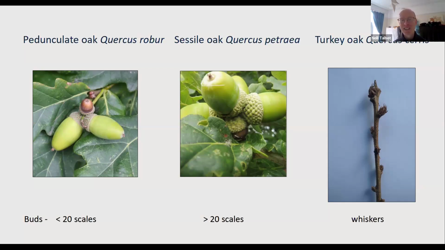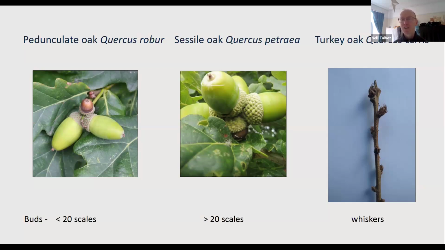So that doesn't help. Moving on to the Turkey oak, you'll see there's a picture of the twig there with the buds, and they have these whiskers around the bud, which you don't get on the English oak or the sessile oak.